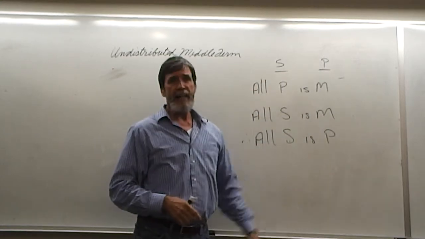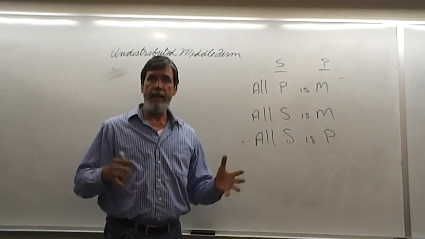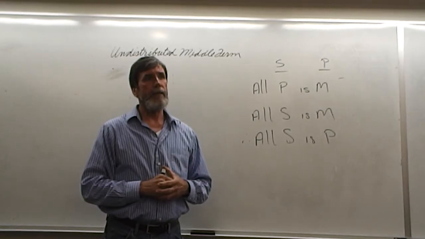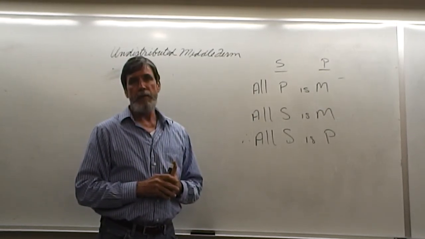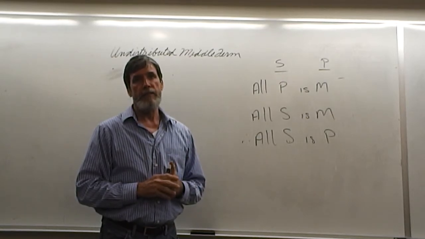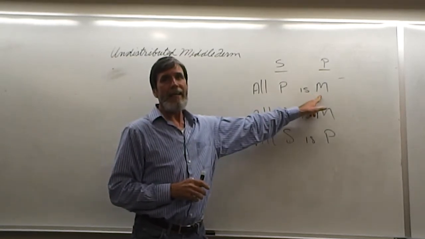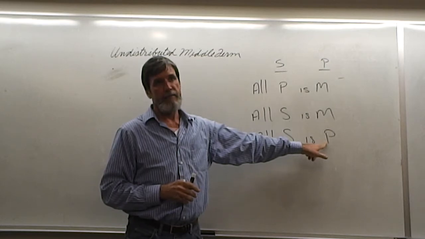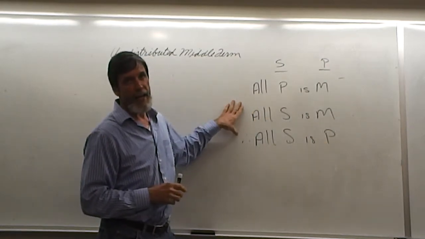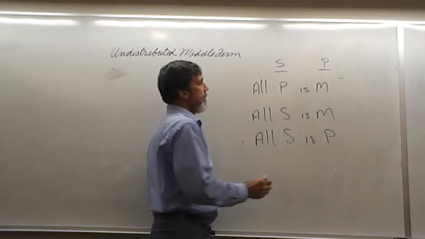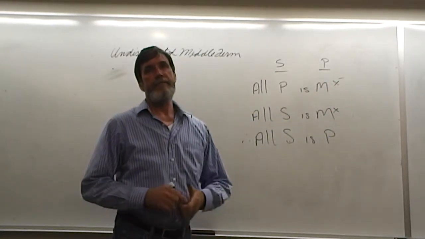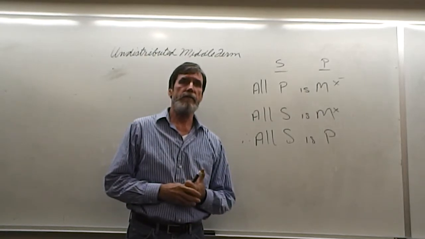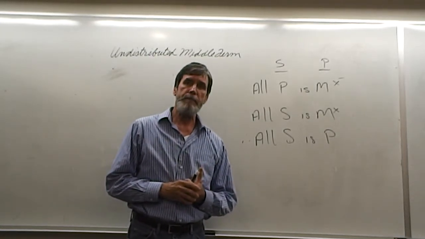They just happen to be S, P, or M to show how they're related in the entire argument. So we learned that the predicate of an A proposition is undistributed. Our middle term is the predicate in two A propositions. So it is not distributed in either premise. It's the fallacy of undistributed middle term.